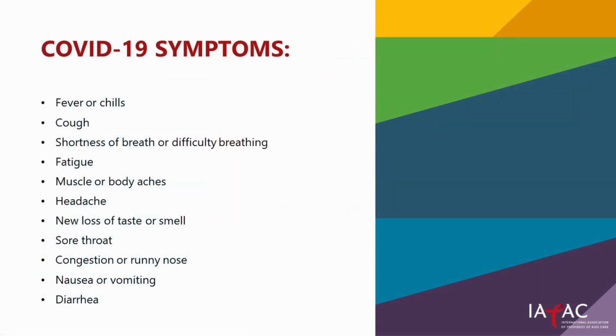Symptoms can include fever, chills, cough, shortness of breath or difficulty breathing, fatigue, muscle or body aches, headache, new loss of taste or smell, sore throat, congestion or runny nose, nausea or vomiting, or diarrhea.